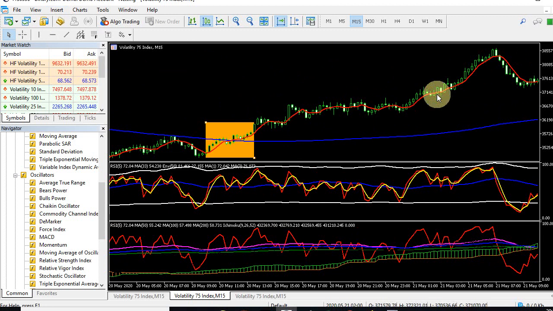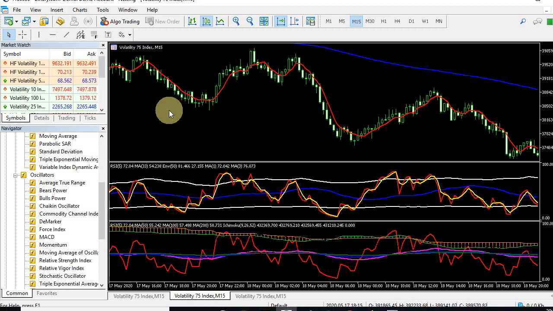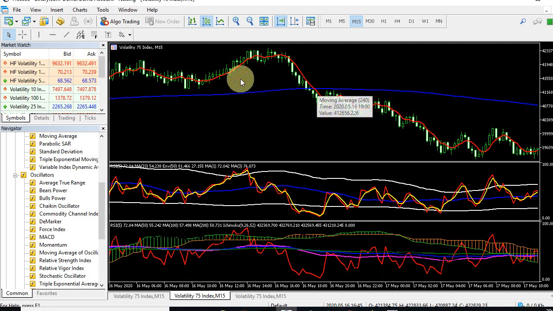You have a bullish trend development around here. Then you only look for buy setup with other indicator windows. If we review the history of the charts, okay, we have a cross down here.